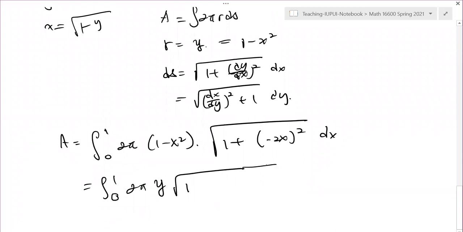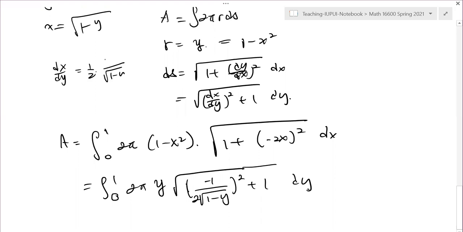When I differentiate dx over dy, that is going to be 1/2 times 1 minus y to the negative 1/2, and then differentiating negative y, you get negative 1.